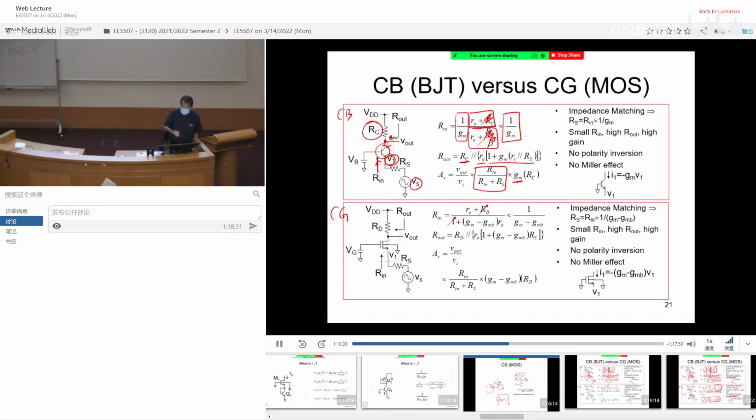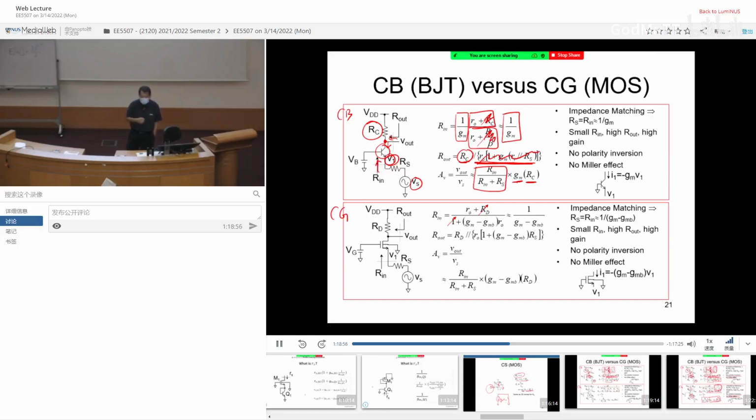You look 360 degrees, you see RC parallel with this whole thing. But this whole thing is so big, RC is smaller, it's going to be dominated by RC. So I only write down RC over here. So we can see in circuit analysis, we make use of intuition, we make use of formula, okay, and we can easily derive the result.